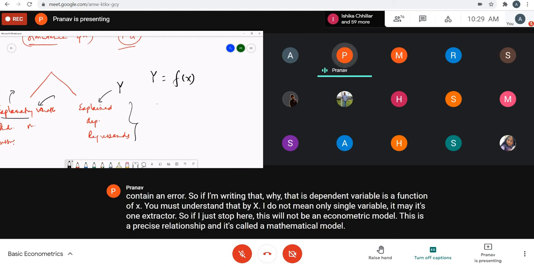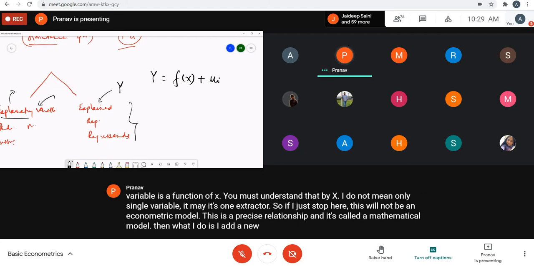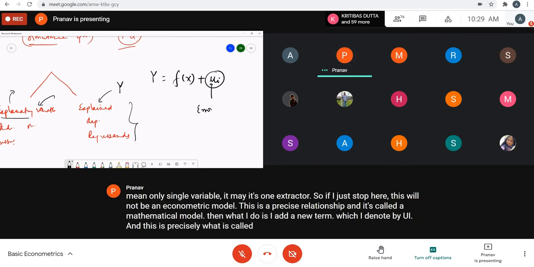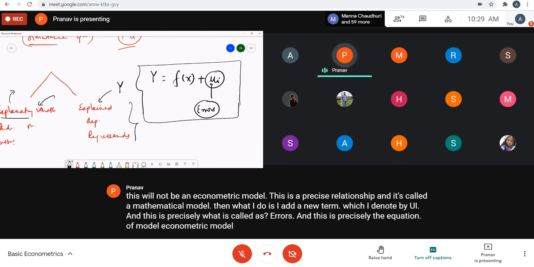Then what I do is, I add a new term which I denote by ui. And this is precisely what is called errors. And this is precisely the equation of the econometric model that we write for any set of data in our hand.